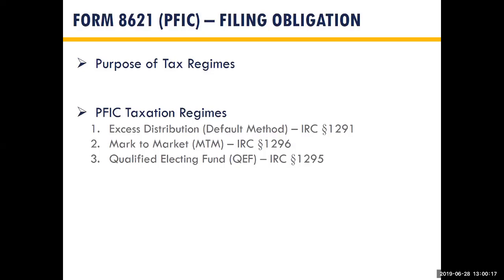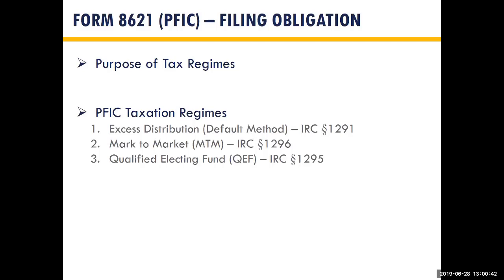So you're deferring income, and under the excess distribution method the IRS penalizes you for not bringing those monies back. When you do have an income component, you get hit with tax at the highest marginal rate with interest over the holding period, and it could be very detrimental if you've held them for years. It could be very draconian.